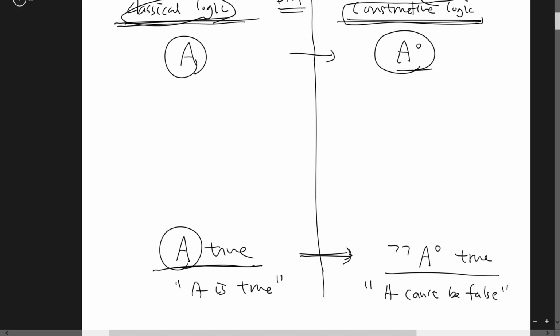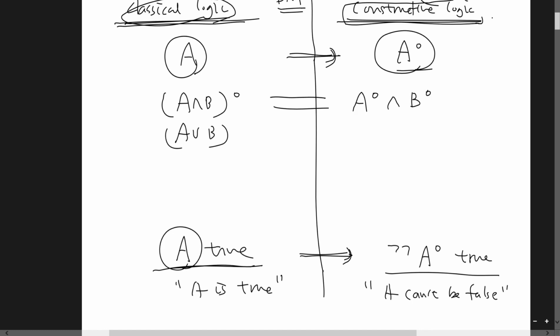And the translation is almost structural, which means that, for example, A conjunction B is translated to A circle conjunction B circle. And A disjunction B translation is also structural: A circle disjunction B circle. And top is translated to top, bottom is translated to bottom, and an atomic proposition is translated to the atomic proposition itself.